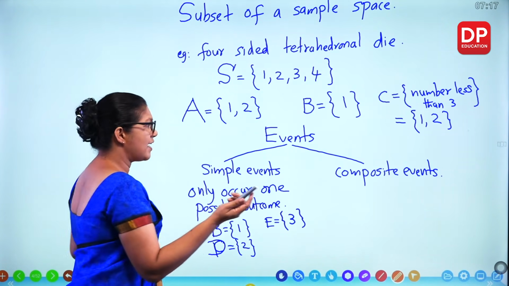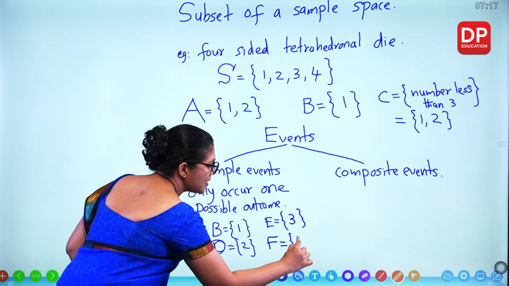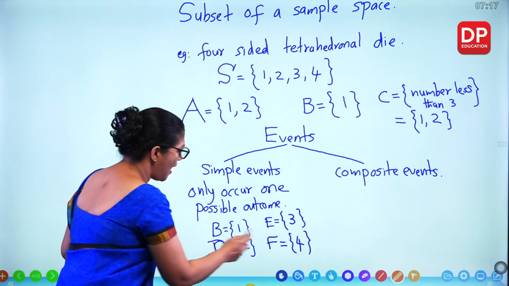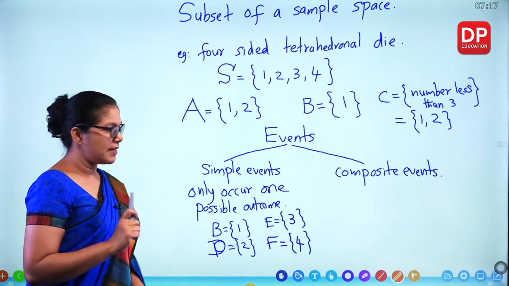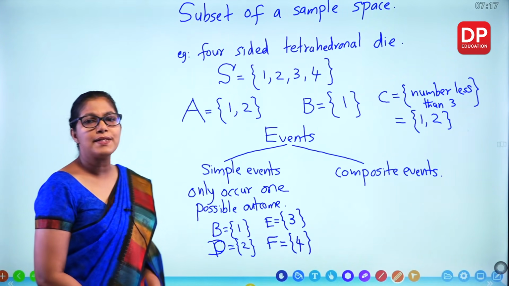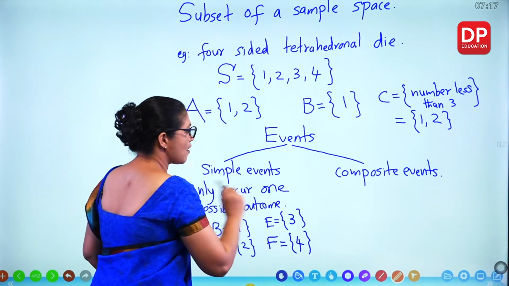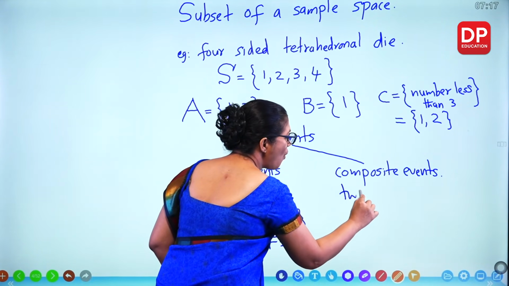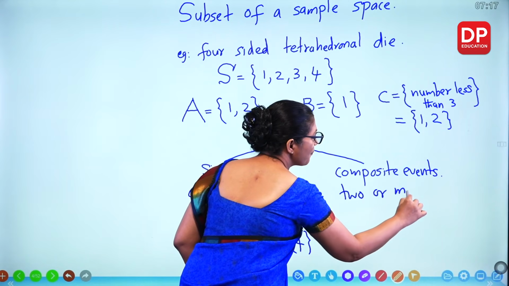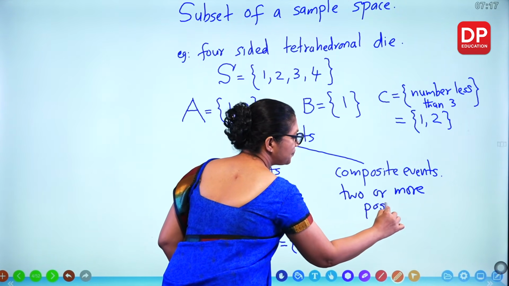And also you can get 4, so I'll take it as F. So these are only one possible outcome. Those are simple events. Then what are composite events? Events that occur with 2 or more possible outcomes.